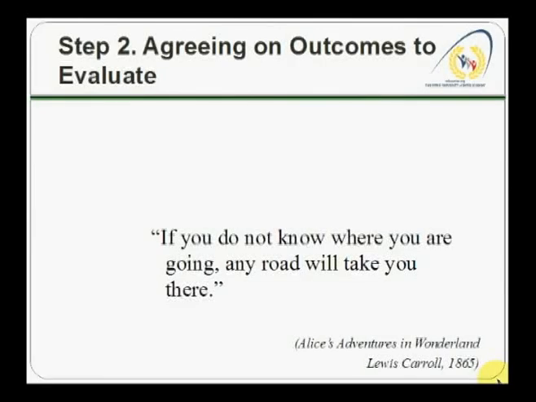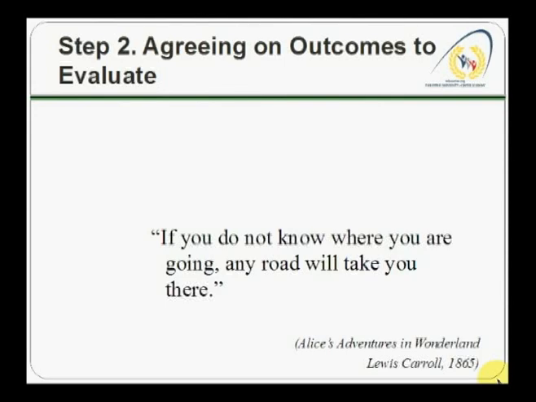Once you have set up the team, determined the roles and responsibilities, and also already built up the capacity of your people, you would then need to sit down and agree on a set of outcomes that you will use for your monitoring and evaluation, because the outcomes will determine the direction that your monitoring and evaluation would need to take.